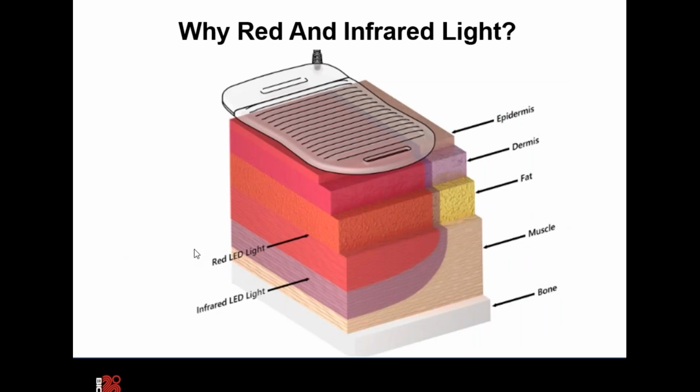Red and infrared light are used because of their effects specifically on mitochondria, and they penetrate in different ways. Red light penetrates more superficially, whereas near infrared light is a bit more transparent and can actually travel a little bit deeper. The depth of penetration ranges from a few millimeters to several centimeters when you get to near infrared.